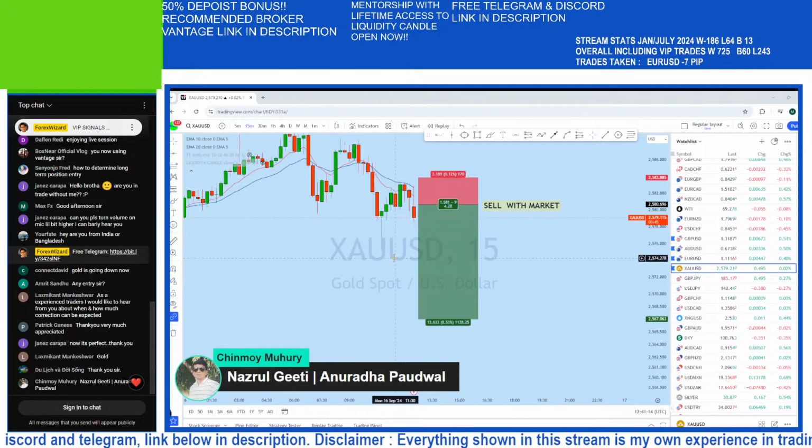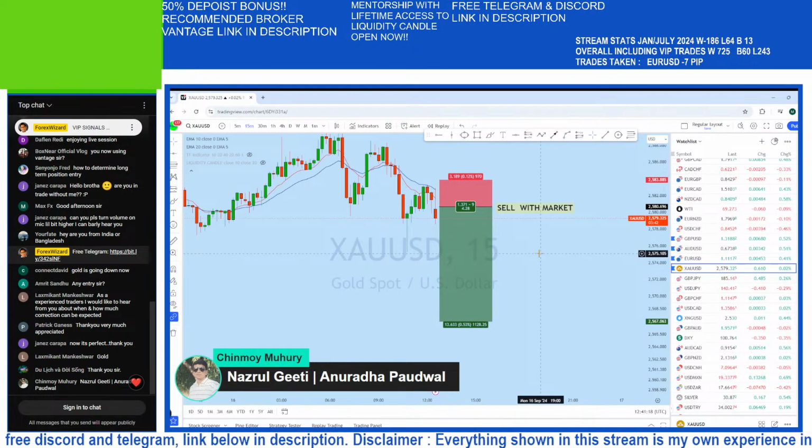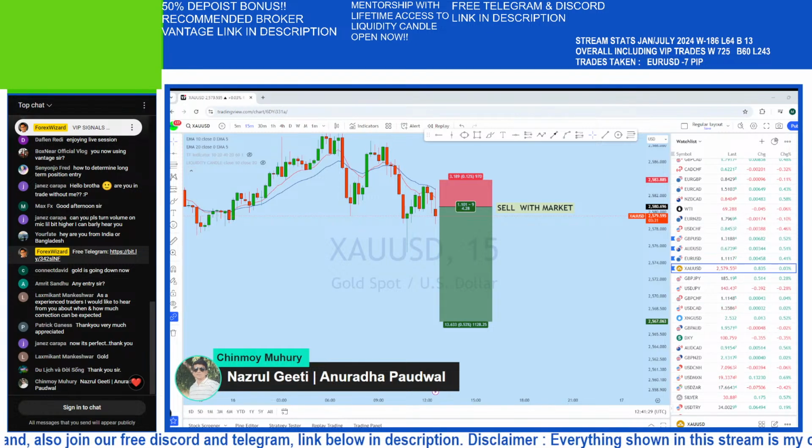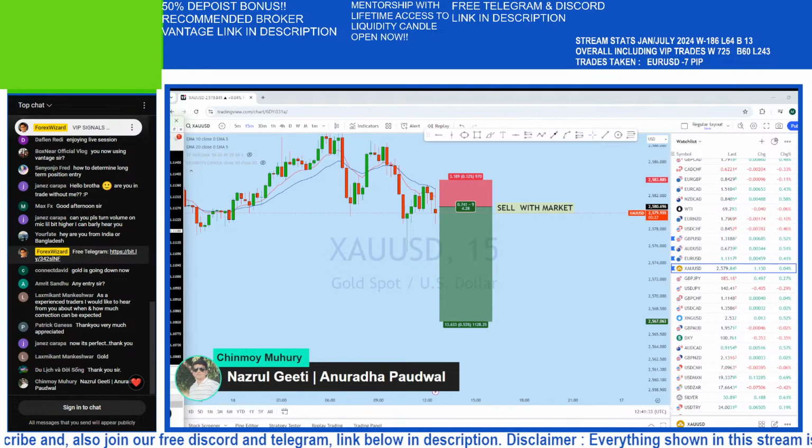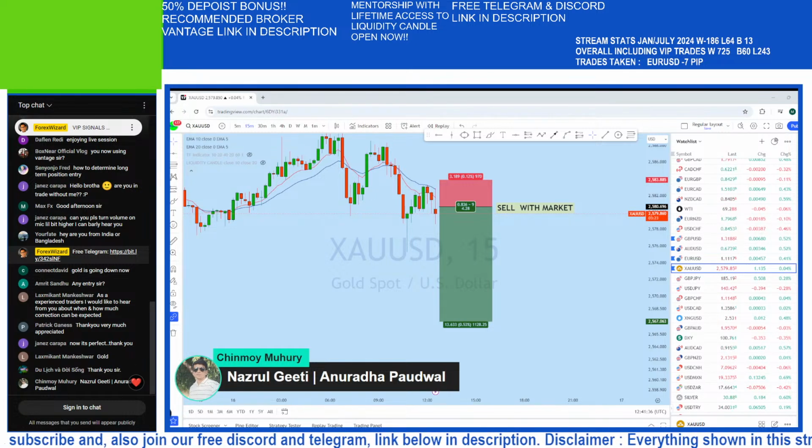So you see that downside on gold on the 15 minutes, the candle is bearish. We'll see how far it might be going.